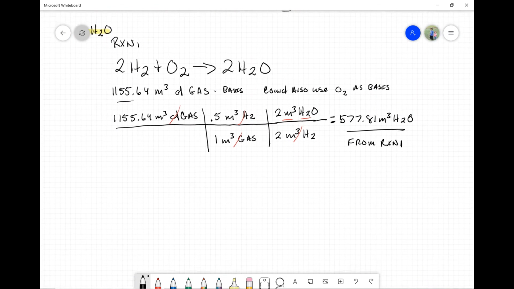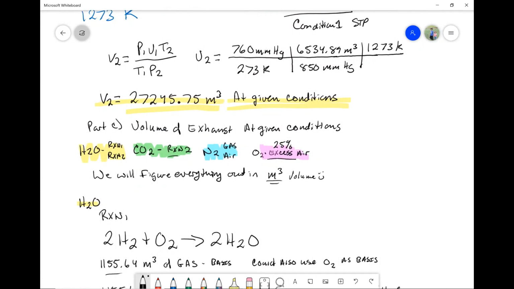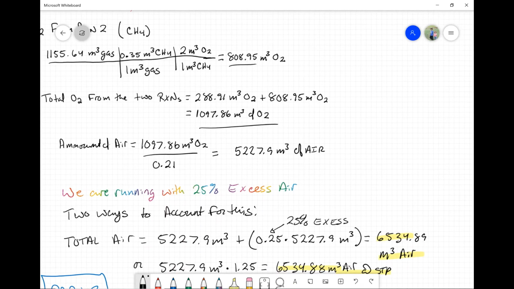Reaction 2. And yes, there is a lot of stuff involved here, and that's why it's important to be really meticulous when you write this stuff out, because it's real easy to lose track of everything.